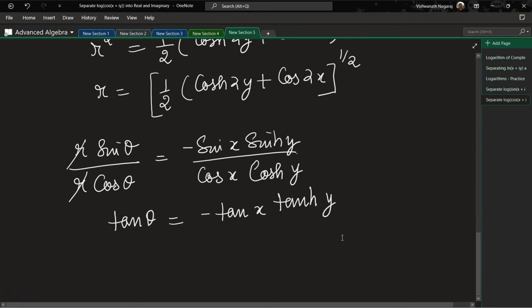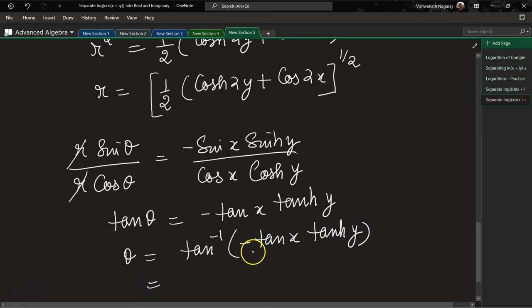And if tan theta is equal to this, that means theta is equal to tan inverse of minus tan x hyperbolic tan y, and this minus can be taken out, so we have minus tan inverse of tan x hyperbolic tan y.